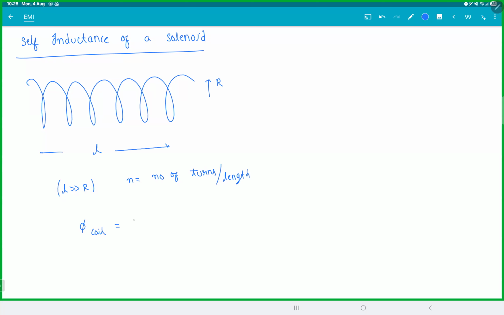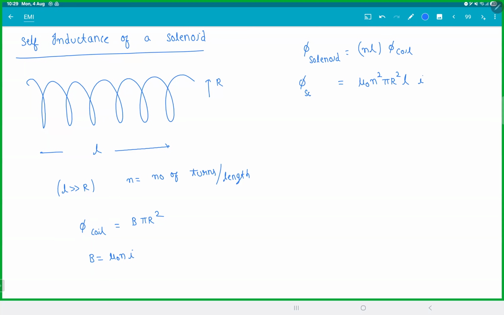Flux in one coil is B into pi R squared, where B is equal to mu naught n i. So flux in the whole solenoid will be the total number of turns, which is n into l, into the flux in each coil. This turns out to be mu naught n squared pi R squared l into current I.